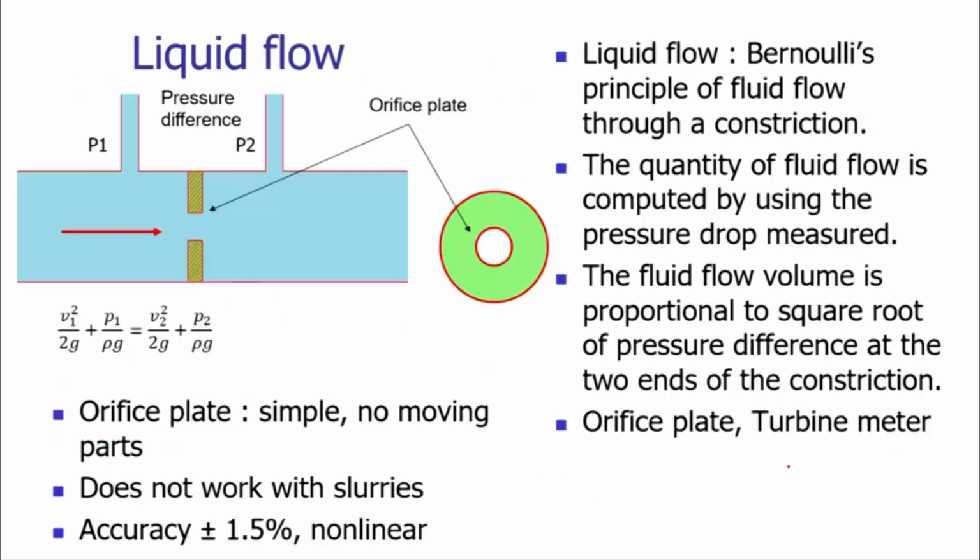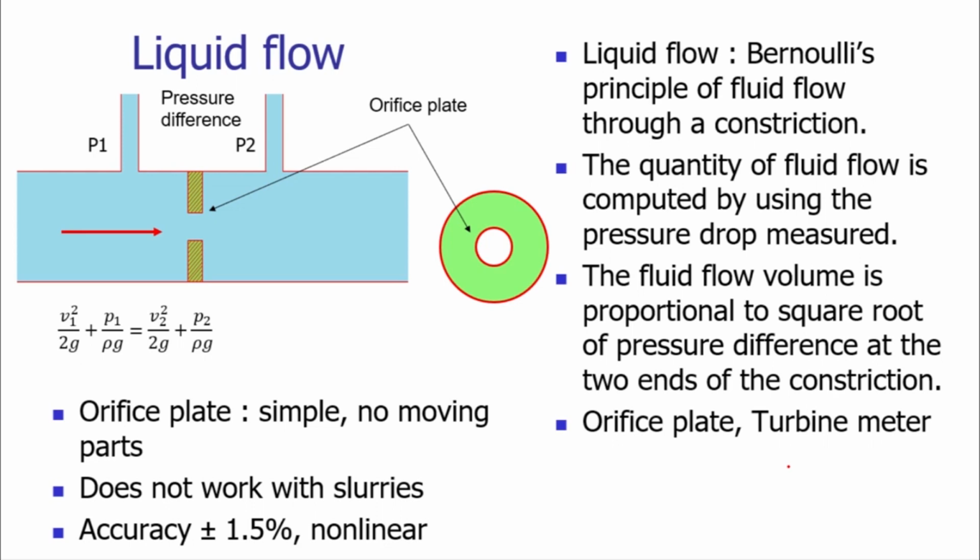In the industry, we need to measure the flow of various liquids. The liquid may be water, petroleum products or chemicals, or the liquid may have certain solid elements, which we call slurries as well. To measure the flow of the liquid, a very simple and basic sensor is the orifice sensor.